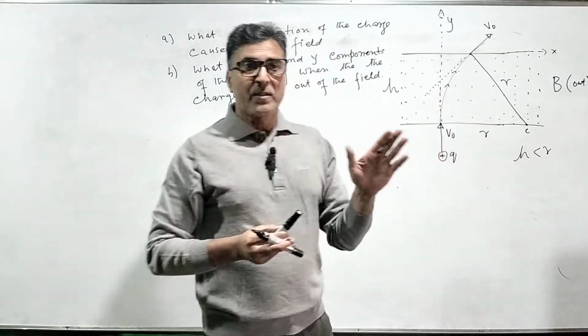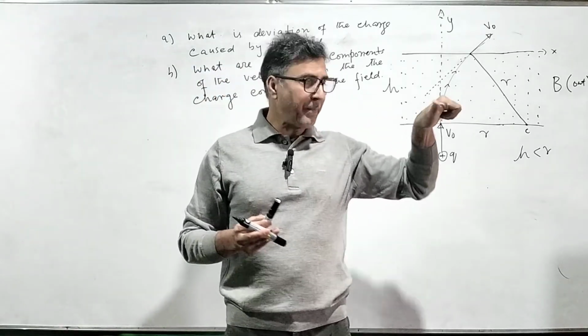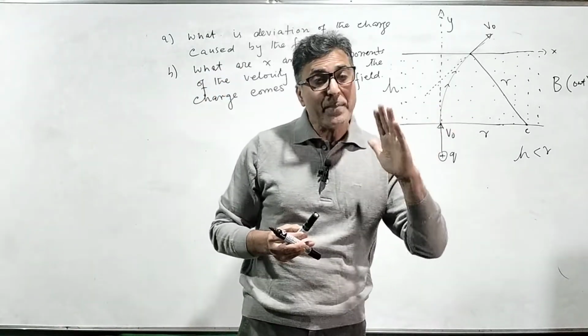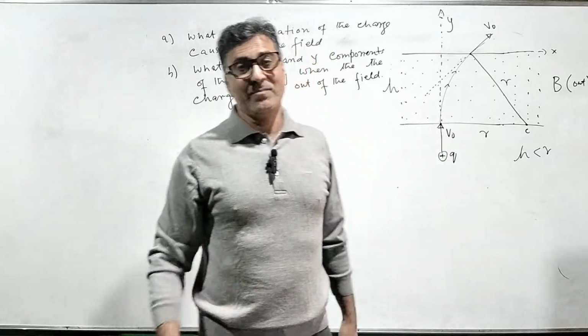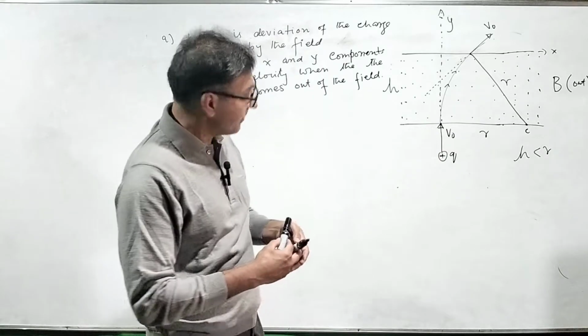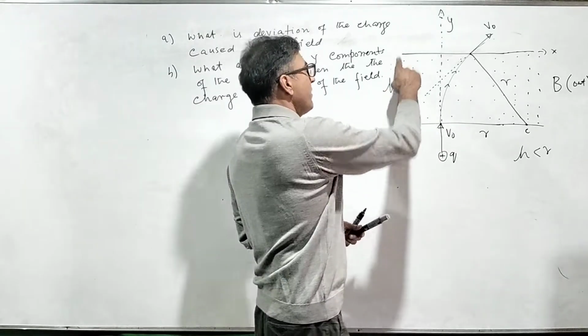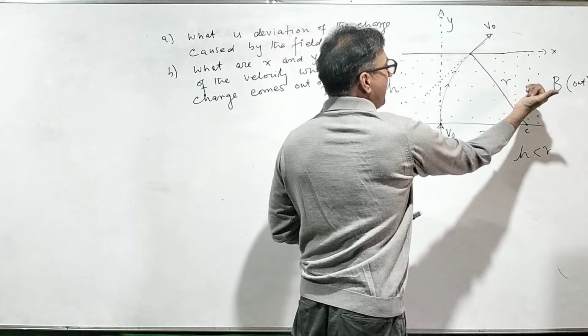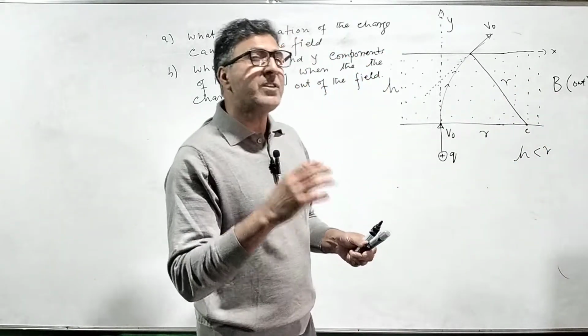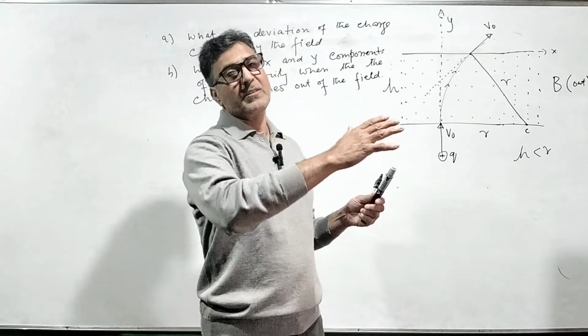But now here, the charge is perpendicular to the magnetic field. It is also perpendicular to the boundary of the magnetic field. That's very important. Perpendicular to this line also. Okay. Now, the width of the field is h, the magnetic field is outwards, and this charge will become a circle or an arc of a circle or a part of the circle in the magnetic field.